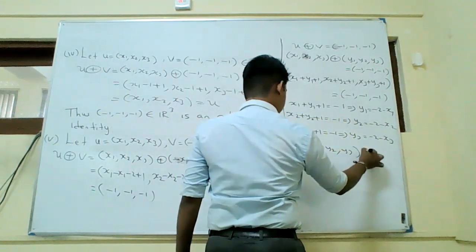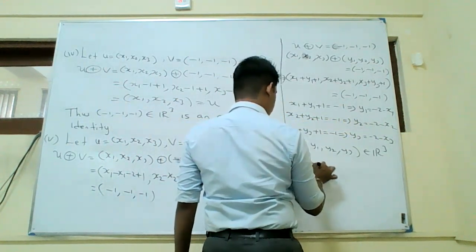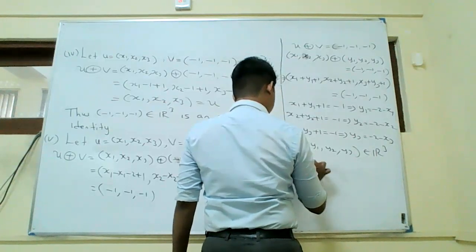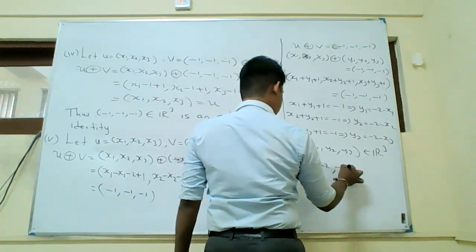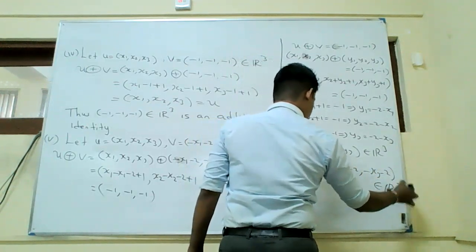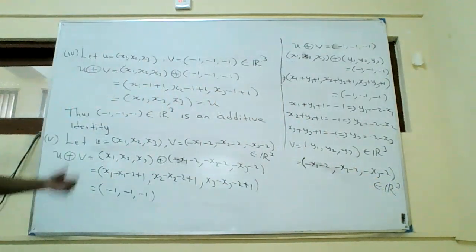In terms of x, we write (-x1 - 2, -x2 - 2, -x3 - 2). This also belongs to R cube. It is your additive inverse of this U.